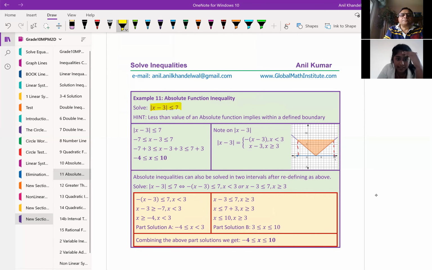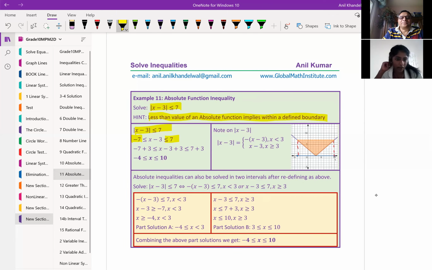Hint: less than value of absolute function implies within a defined boundary. So since it's less than, it'll be within, and it'll be a defined boundary because it's equal to. So, like the previous one, we know it's in between 7 and -7.